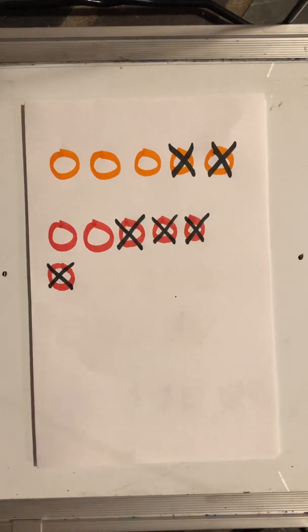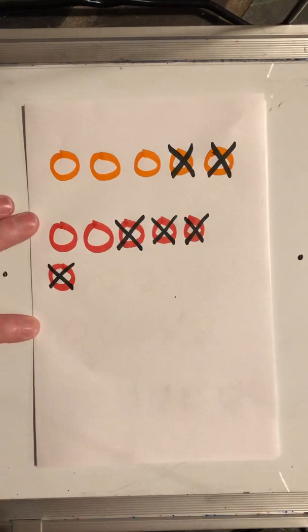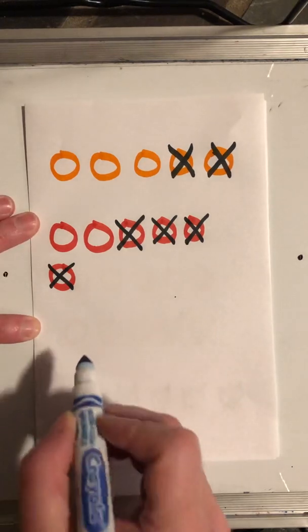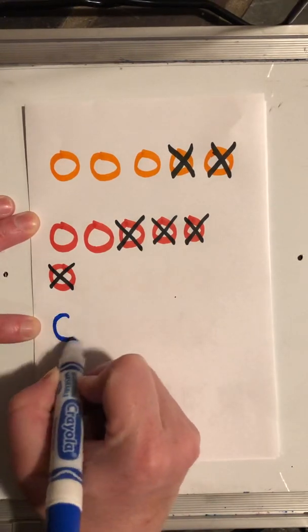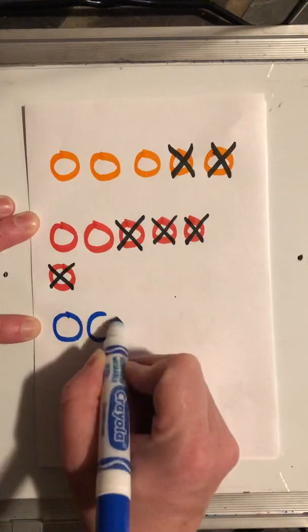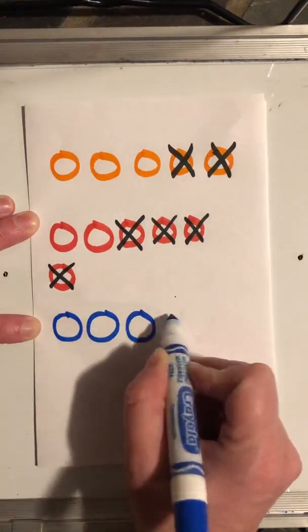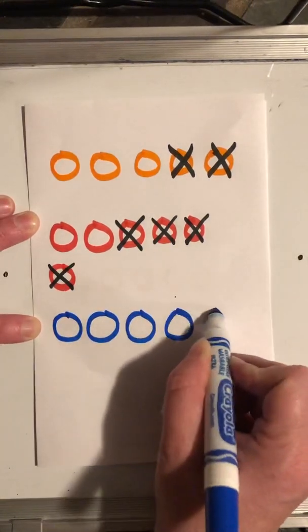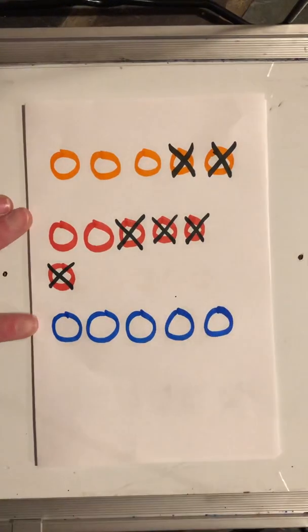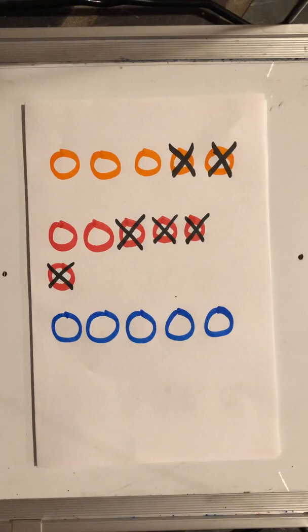This time, Billy had 5 soccer balls. So what should we do? Yep, draw 5 soccer balls. 1, 2, 3, 4, 5. He had 5 soccer balls, but he was practicing and he kicked some. How many did he kick?